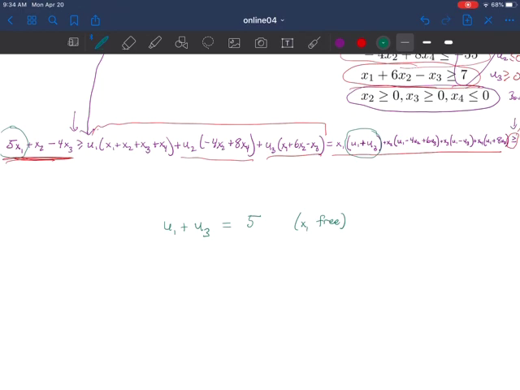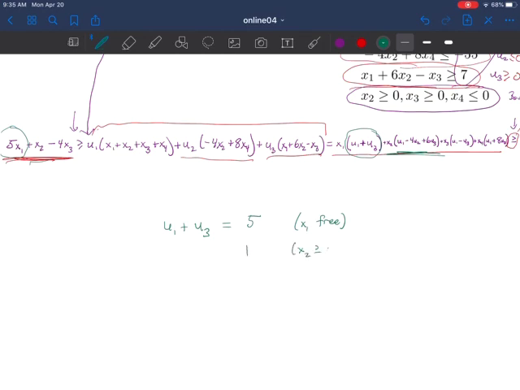It's the only way, because x1 could be negative. If I made it greater or equal to 5, then if x1 were positive, that wouldn't work. And if I made it less than or equal to 5, that means that x1 negative wouldn't work. So because x1 is free, it has to be an equality constraint.